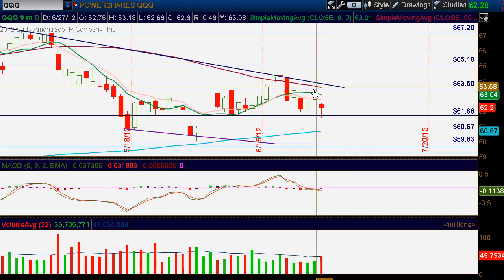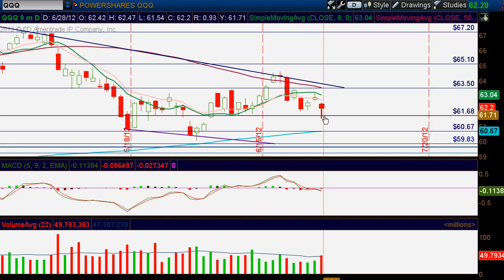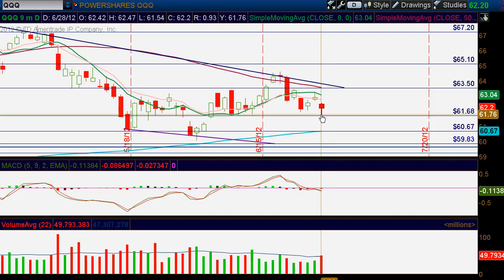Okay, those three moving averages as well as that 63.50, that is another key area of resistance that we need to pay close attention to. So now what we need to do tomorrow is really watch that 61.68 mark as well as the low of today, which was at 61.54.